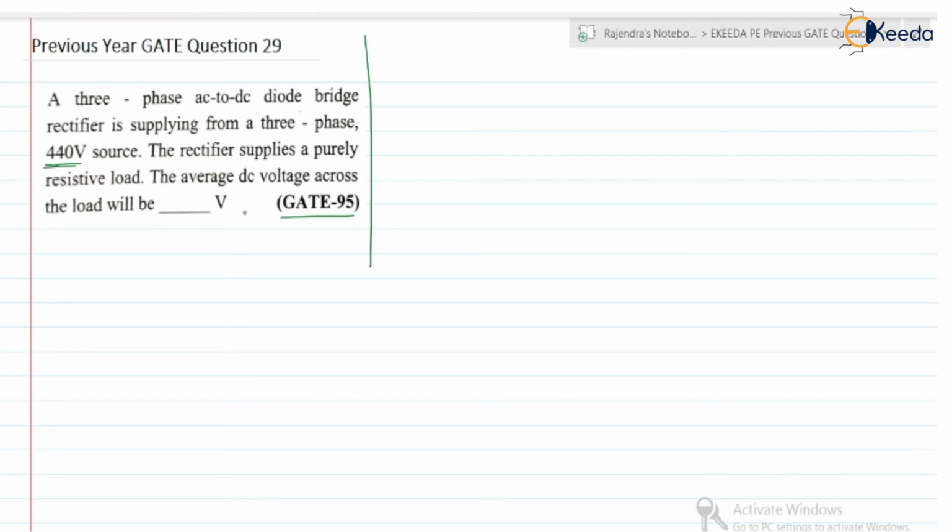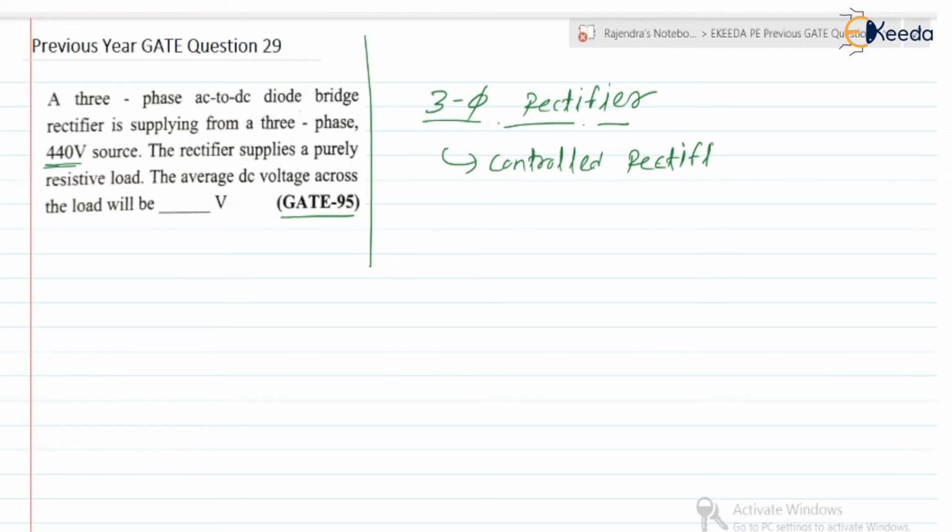So if you check the three-phase rectifier, we have discussed the controlled rectifier. But here they have asked about the uncontrolled, that is, a diode rectifier.